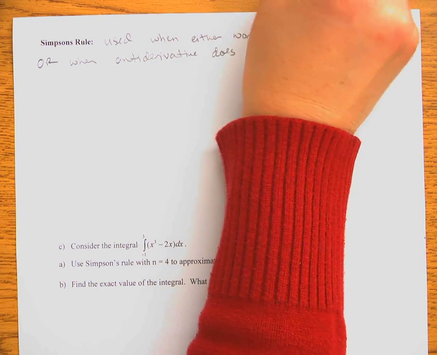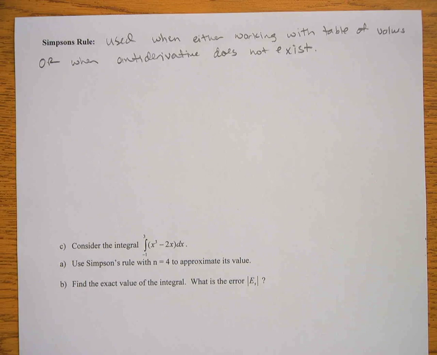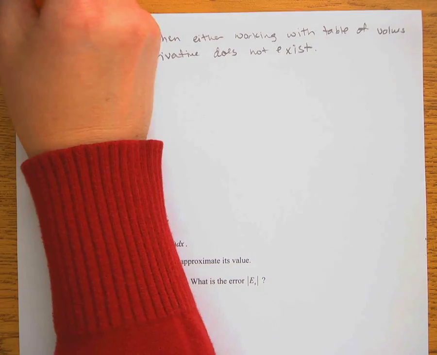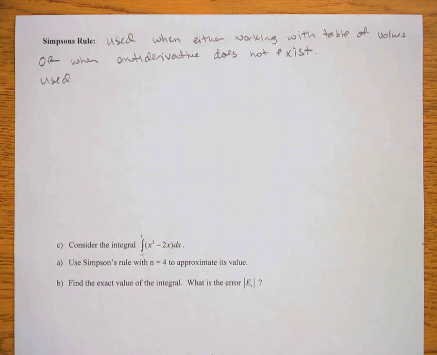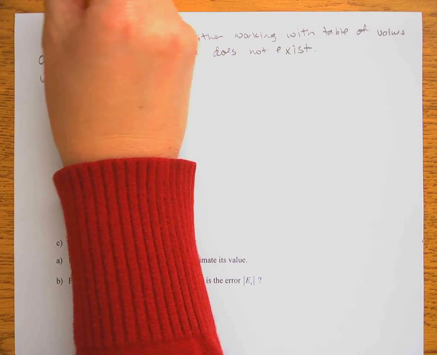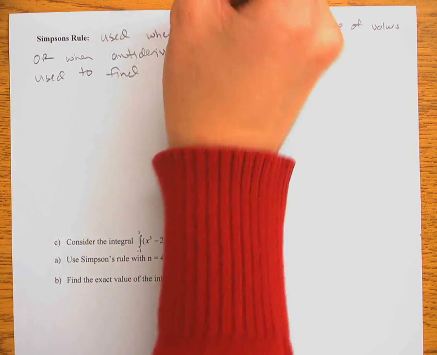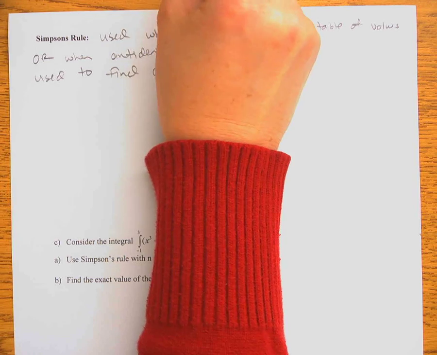So that is when we would use Simpson's rule. And again, it's used to find the area under a curve.